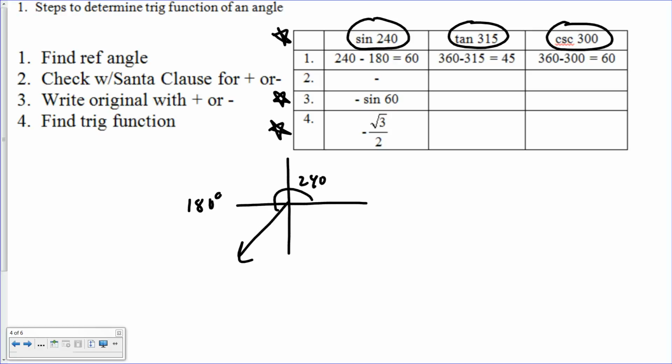But what I want to do is put the reference angle into the drawing. That's something that I haven't done before. So I have done it before, but I didn't refer to the reference angle. The reference angle right there is going to be 240 minus 180, which gives me the rest of that angle. So that's going to be 60 degrees.